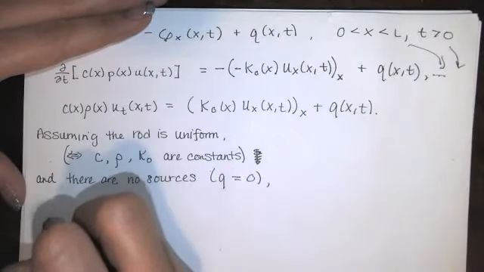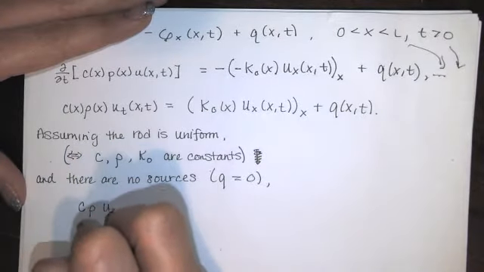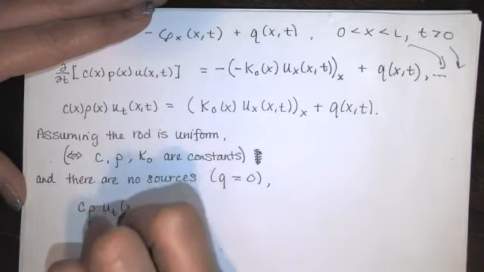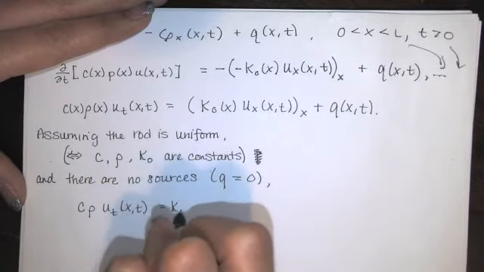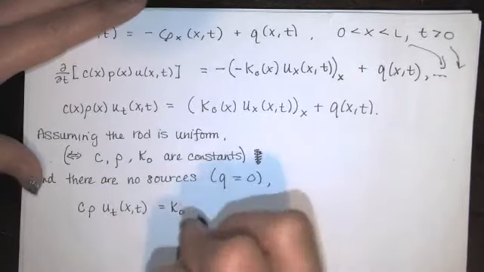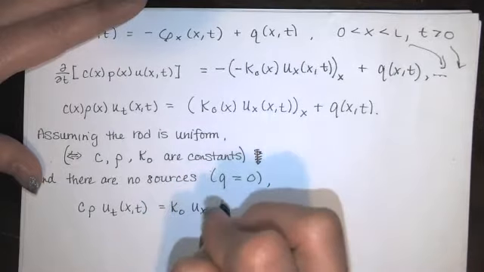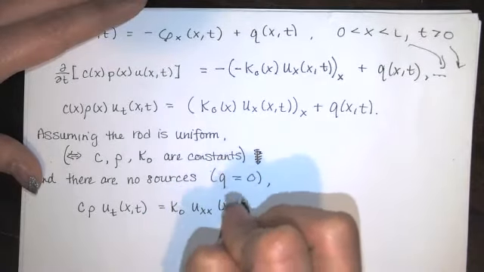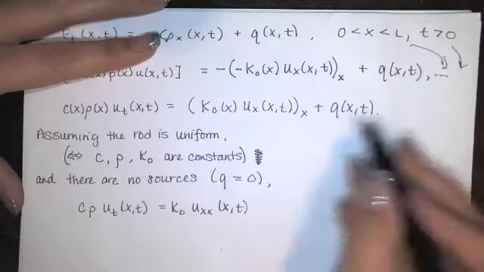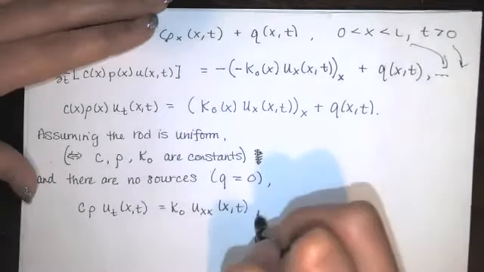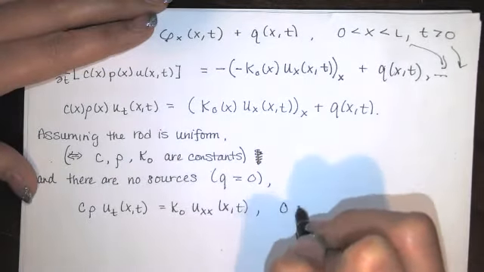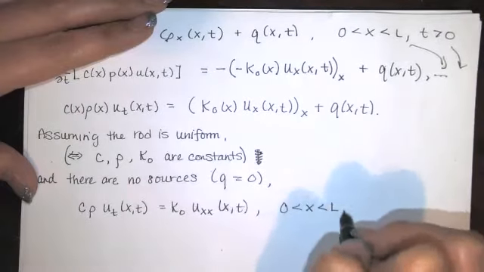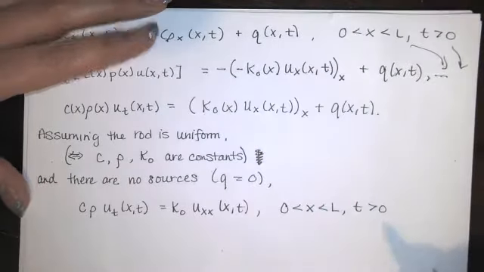So what we have is this, c times rho times the partial derivative of u with respect to t equals this thermal conductivity times the second partial derivative of u with respect to x. And q is 0. And this is true for x between 0 and L and for t greater than 0.